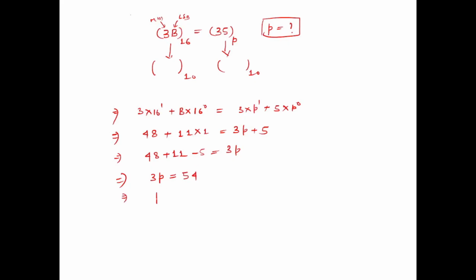That implies p equal to 54 by 3 equal to 18. Therefore, this value 3b, which is in the hexadecimal number system, is equal to 35 in the base 18 number system. Okay, so this will be the answer.